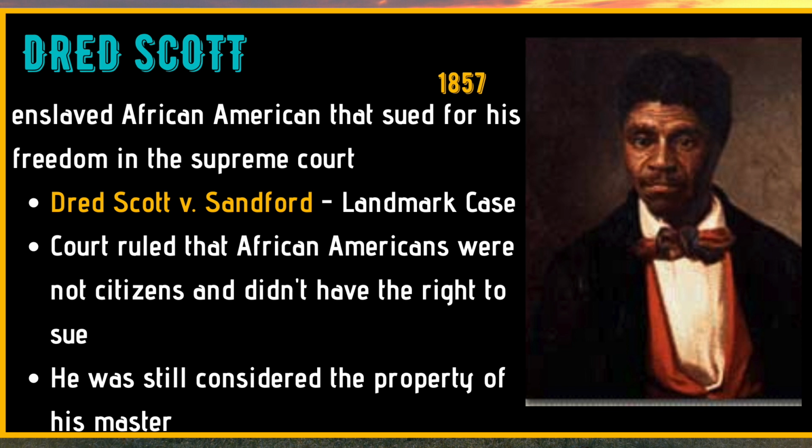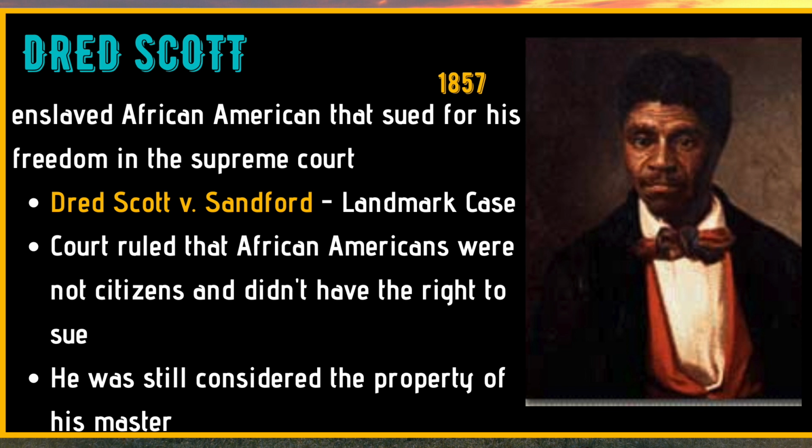Dred Scott sued for his freedom, arguing that he had become free when he was living in a free territory. His owner had traveled with him to both free and slave states. And so Dred Scott believed that once he entered a free state, he should have been given his freedom.